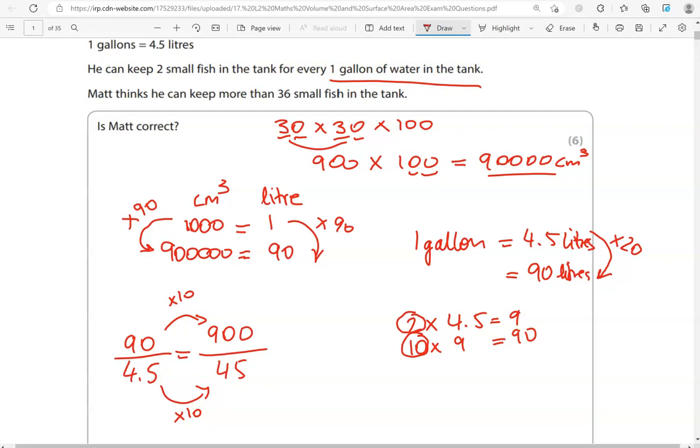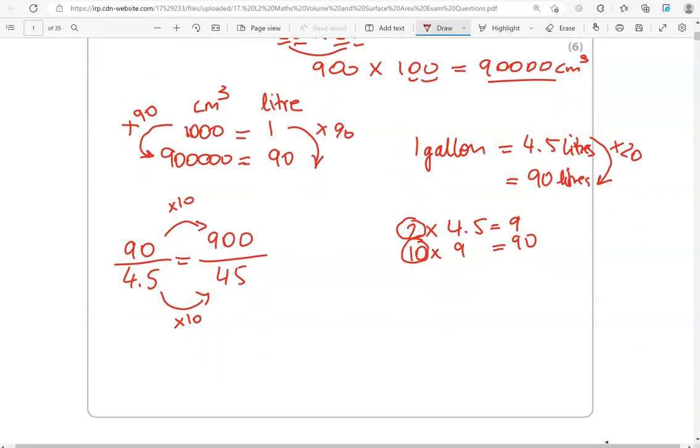We did this so we can have whole numbers to work with. So how many 45s fit into 90? That is 2 of them, exactly 2. How many 45s fit into 0? That is 0. So again, that gives us 20. That's just another way to work it out if the first one didn't make sense. So we know that we've multiplied 4.5 by 20 to get 90, so we'll do the same here. 1 times 20 gives us 20 gallons. So there are 20 gallons of water in the tank.